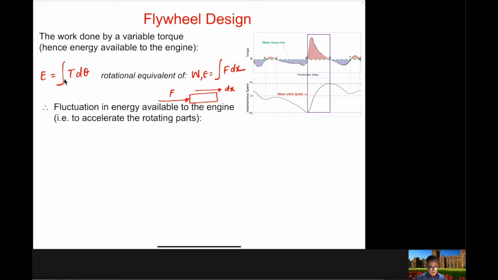Okay, now the fluctuation in energy is available to the engine, that is to accelerate or decelerate the rotating parts. As you can see in this figure here, the energy from the engine is again not constant, it's fluctuating. So from A to B, you can see that there is a negative energy, then there is a positive energy. So this area under the curve is what we call the energy.